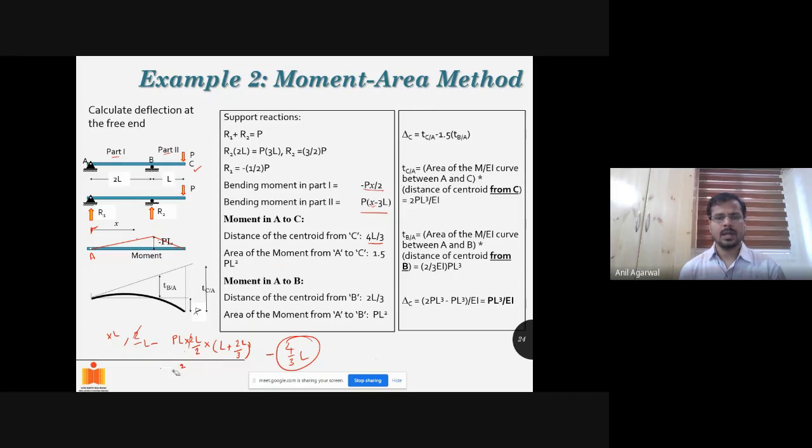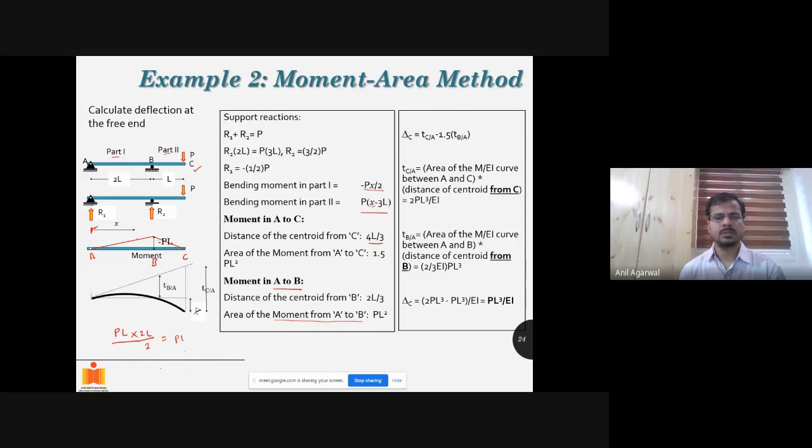Okay. And I'll show you how we are planning to solve it in a minute, but we are just doing some background work. Similarly, we will calculate what is happening between A and B. So A, B, and C, right? So between A and B, we will do the same exercise. We will calculate the area of moment from A to B, as we had done before, PL multiplied by 2L divided by 2.